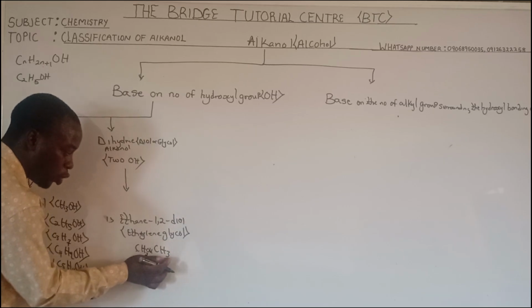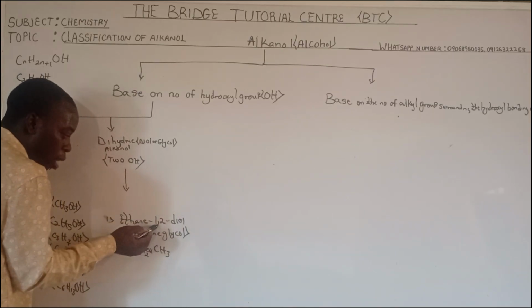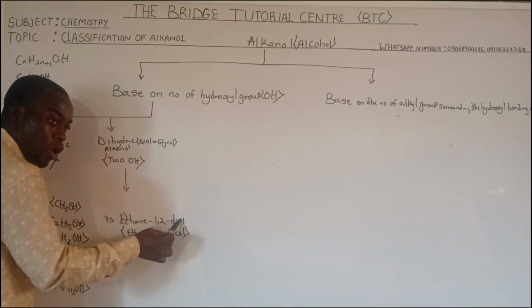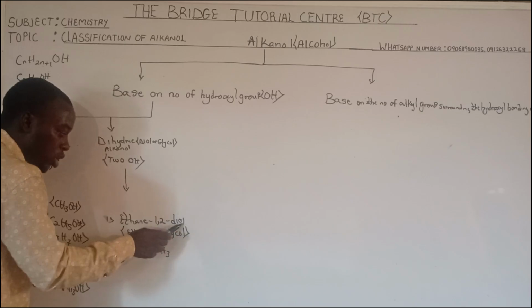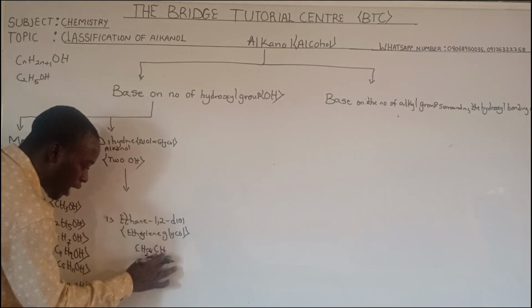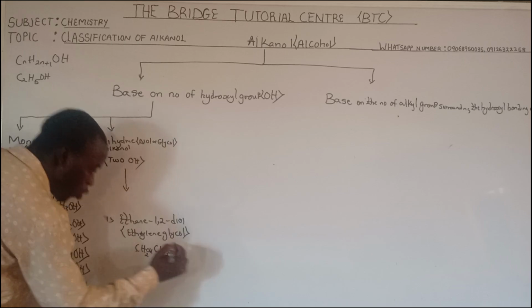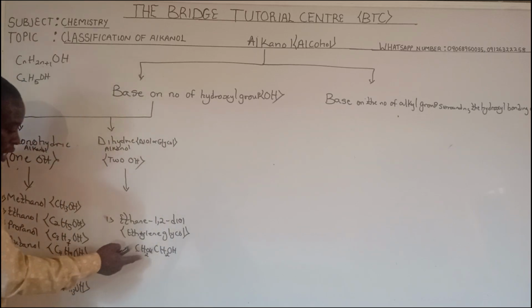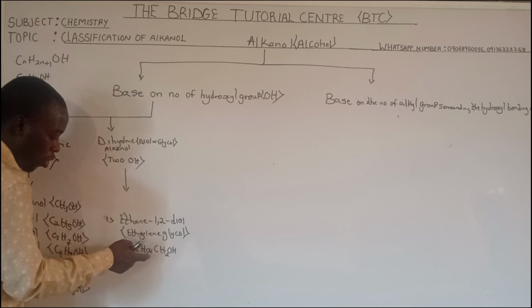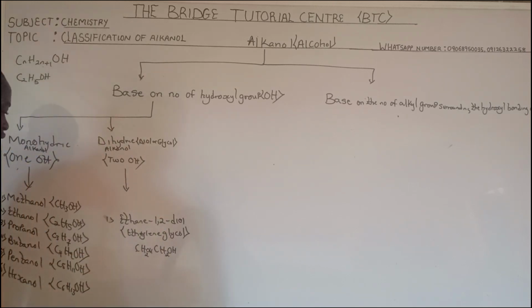The same thing applies to carbon number 2, there is also a hydroxyl group. You remove one hydrogen again and put OH. So this is the formula for ethane 1,2-diol. That's for the first one.